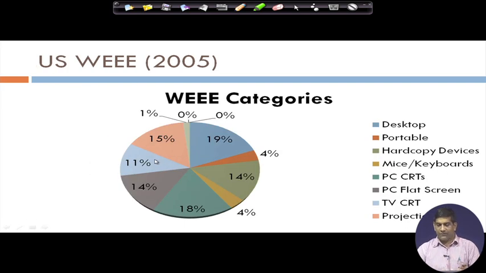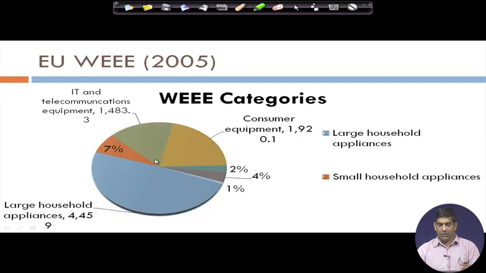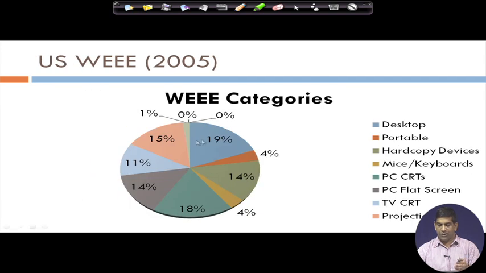In the US, you don't see large household appliances and small household appliances that much. Here you have the desktop, portable, hard copy machines, mice, keyboards, PCs, PC flat screens, TV CRTs and projectors and all that. So that comes under the category as per the US definition of 2005.